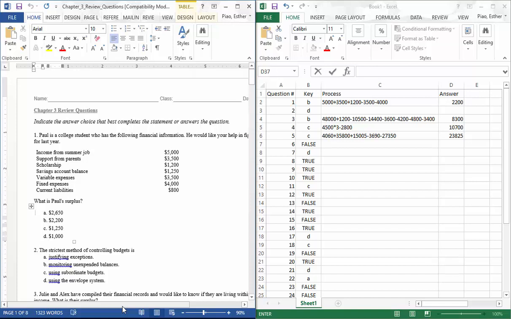We have three categories of assets. We have monetary assets, tangible assets, and investment assets. These are three different types of assets, and you need to know what these three are and some subcategories of the different types of assets.